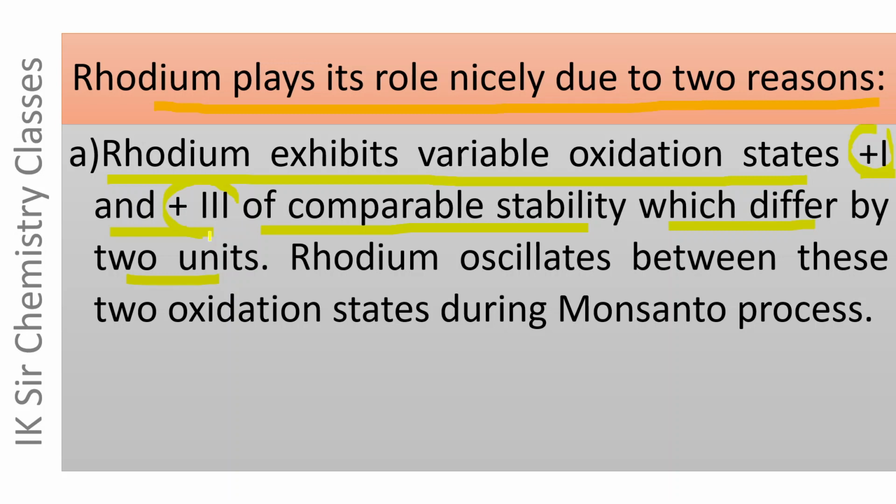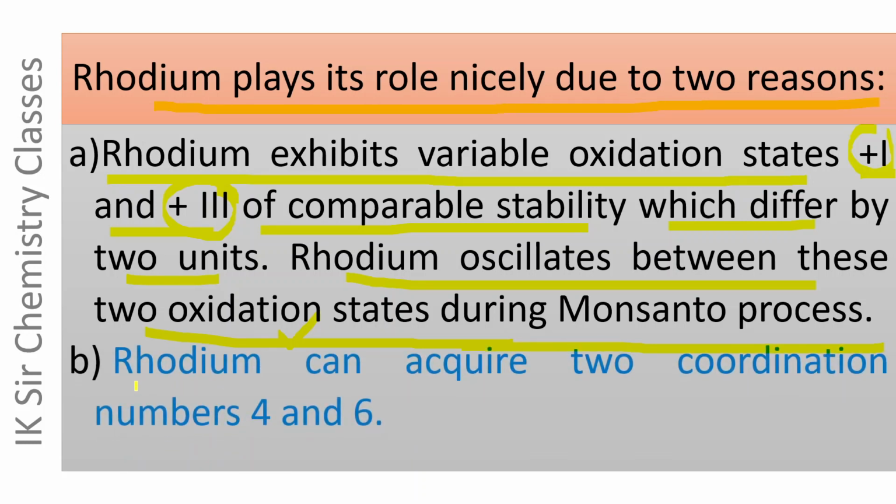These two oxidation states of rhodium have comparable stability and they differ by 2 units. During Monsanto process, rhodium oscillates between these two oxidation states +1 and +3, which differ by 2 units and have comparable stability.